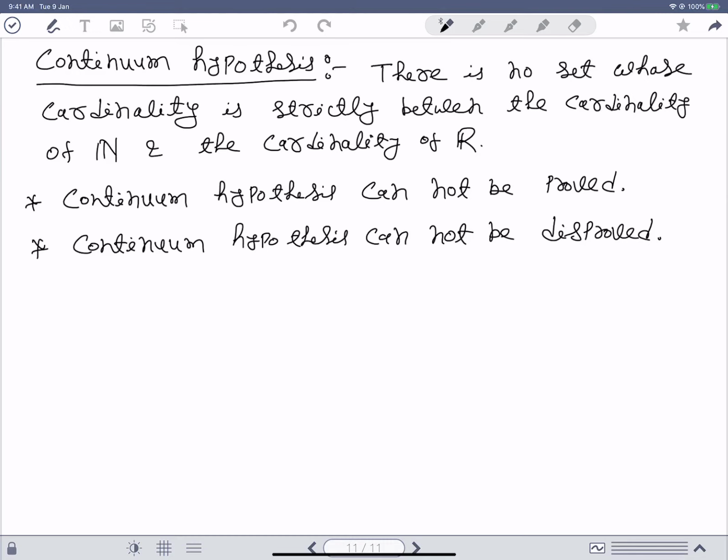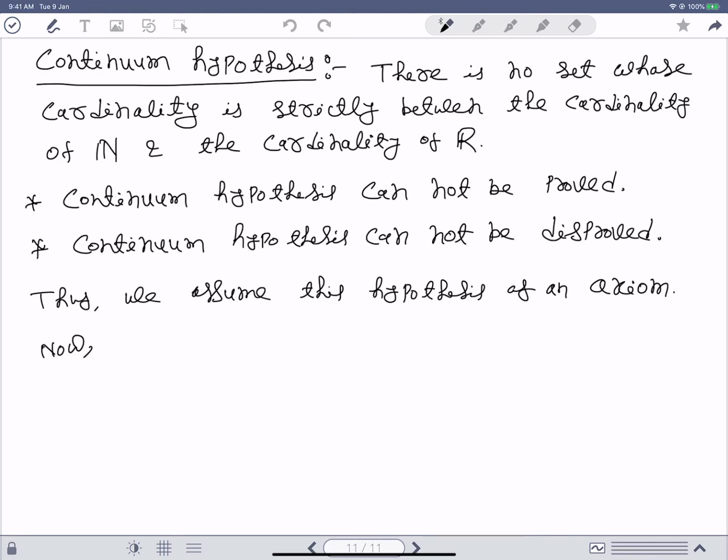So this is one such hypothesis which cannot be proved and which cannot be disproved. So we assume this hypothesis as an axiom.